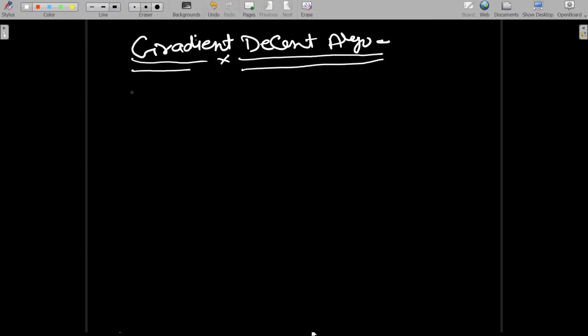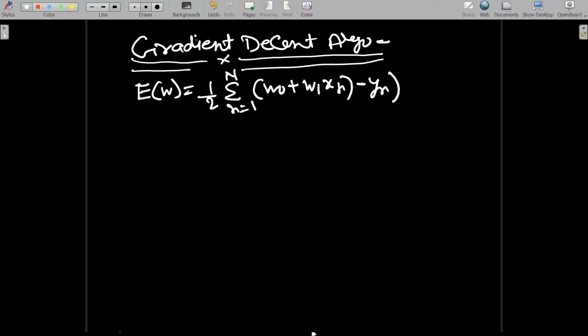What we have seen as of now is an error function, which is half the summation from n equal to 1 to capital N of (w0 plus w1 xn minus yn) whole square.